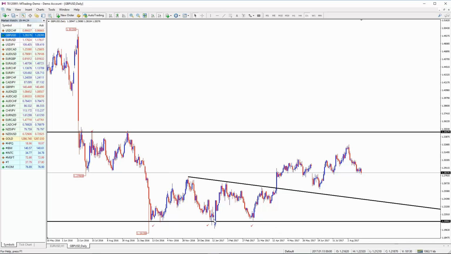The most recent bullish momentum that pushed price up to these highs was not able to test the previous highs. So the sellers were getting in earlier until we have this breakout. That is our initial breakout.